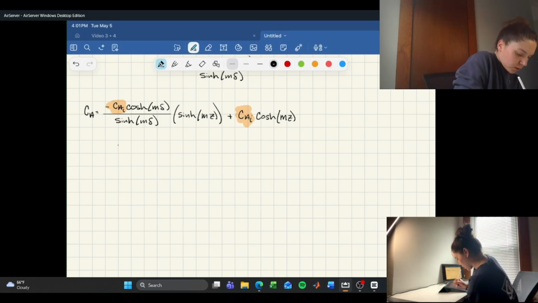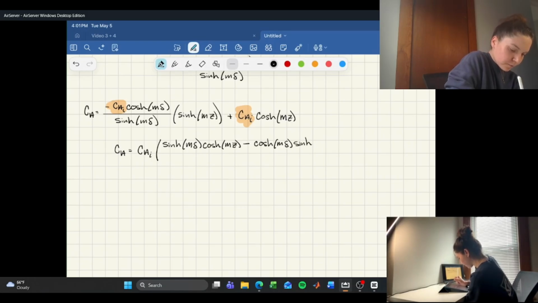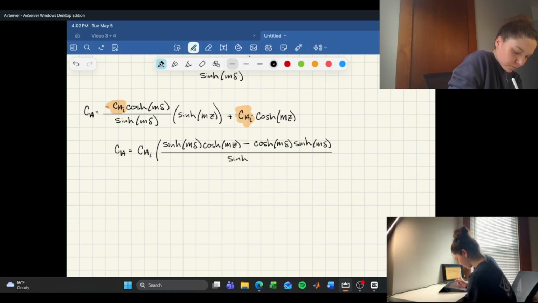So we're going to have that concentration of A is equal to concentration of A at the interface times the hyperbolic sine of m delta times the hyperbolic cosine of mz minus the hyperbolic cosine of m delta times the hyperbolic sine of mz, all over the hyperbolic sine of m delta.